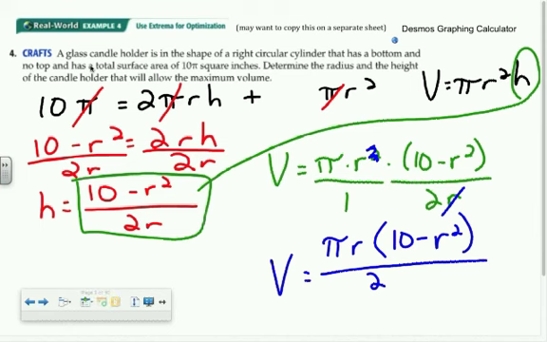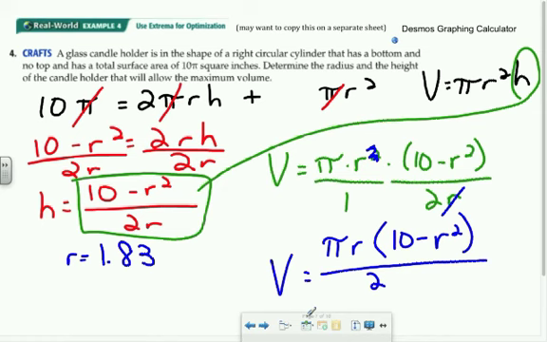Okay, so my r is 1.83, so let's bring that back into our screen. 1.83 is my radius, and I'm going to use that radius to figure out my height. Remember that we had this expression here giving us a value for the height if we know the radius. So we take that radius and we plug it in. And when I plug that into my calculator, I have 10 minus 1.83 squared. Calculator did not like that.